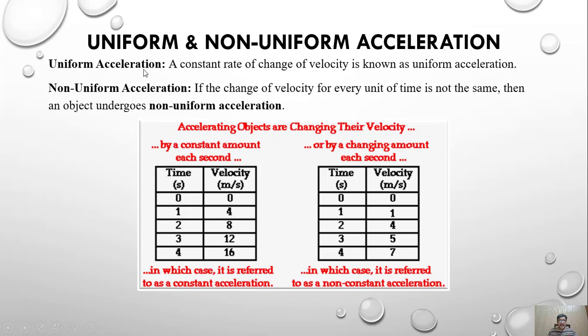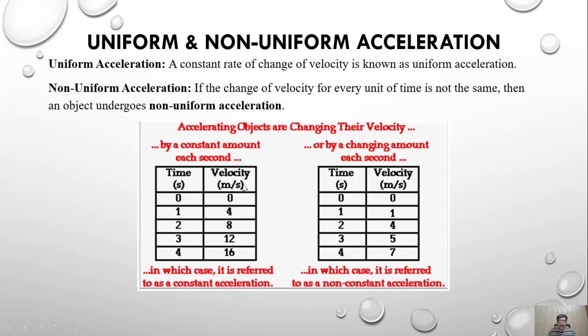So uniform acceleration is a constant rate of change of velocity, meaning velocity is changing but with a constant change with respect to time. It is known as uniform acceleration.